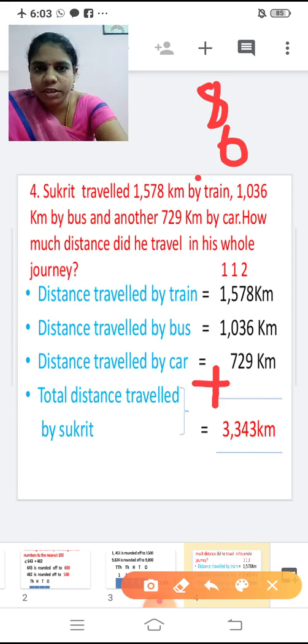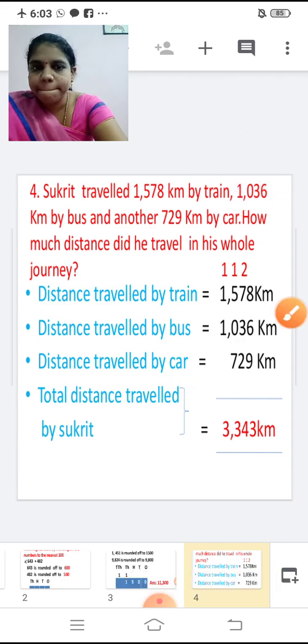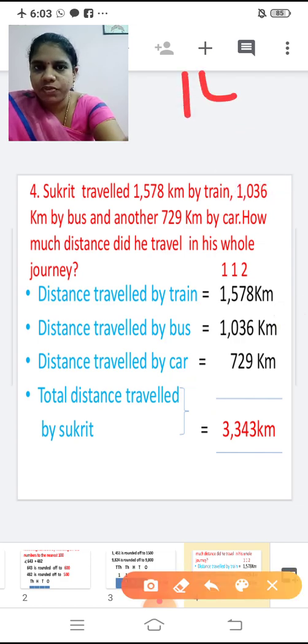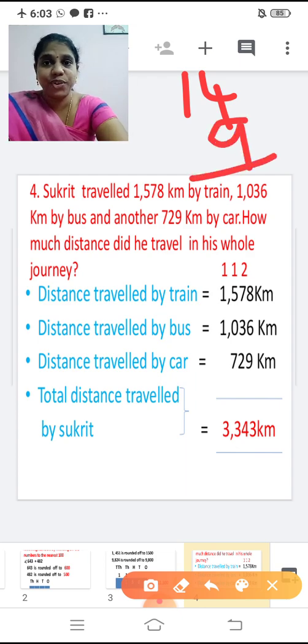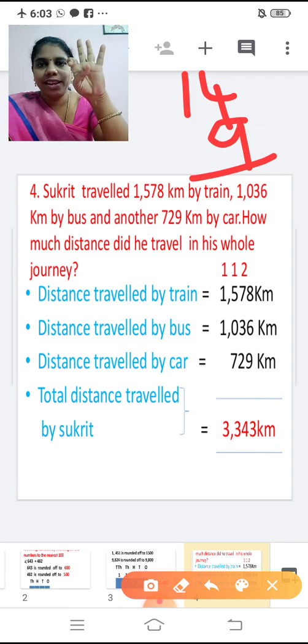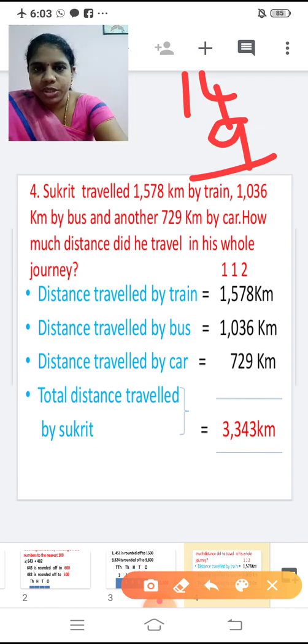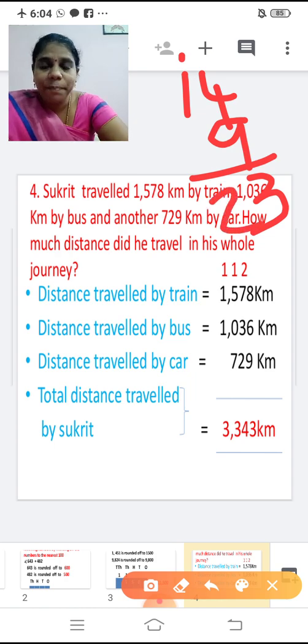With this 14 we are going to add 9. 14 plus 9: after 14, 15, 16, 17, 18, 19, 20, 21, 22, 23. It's a 2-digit number. So write 3 here and 2 I have carried over to the tens place.